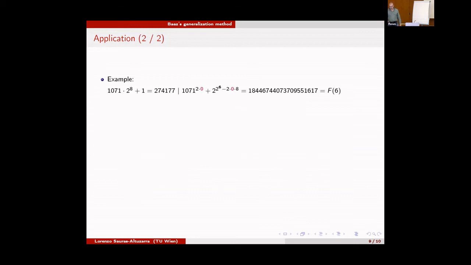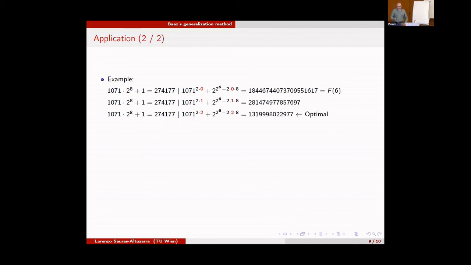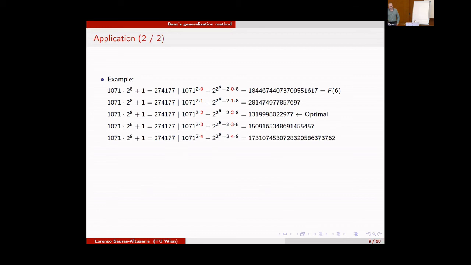So for R equals 0, we have this division. For R equal 1, we have this, and look at how much this decreased. And for R equal 2, we actually reach the optimal one. So it's way smaller than the 6th Fermat number. The remaining cases are not so good, but yes.